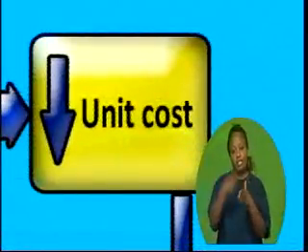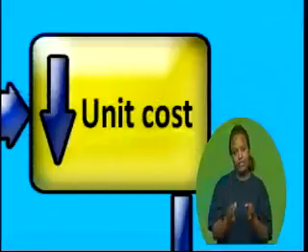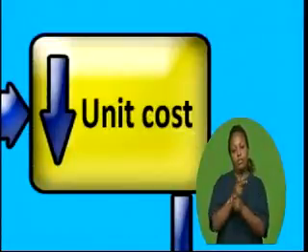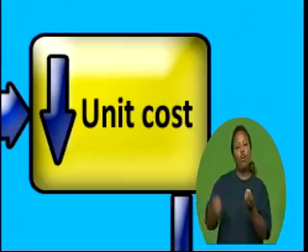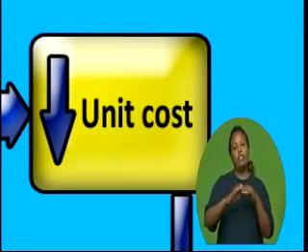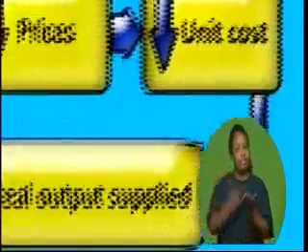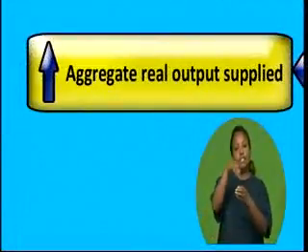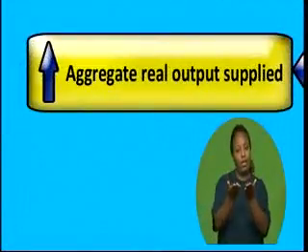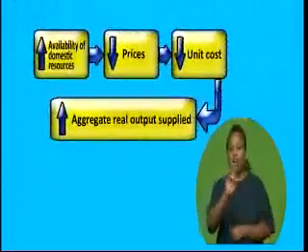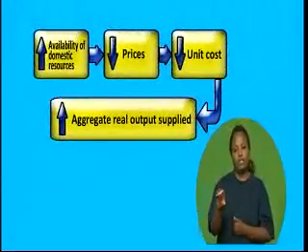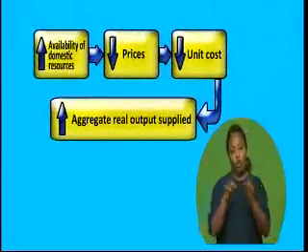As a result, at any specific price level, firms will produce and supply more real output than before. This implies an increase in aggregate supply, which is explained by a rightward shift of the curve. The reverse is also true.